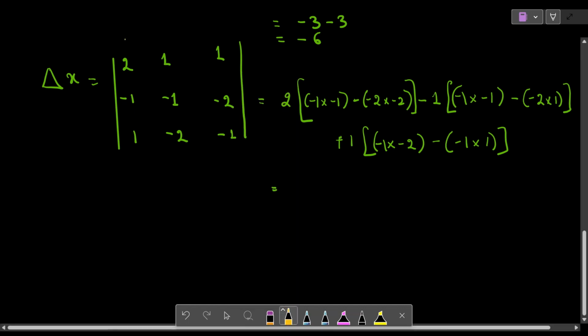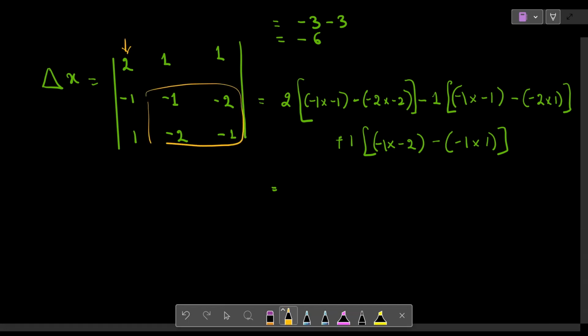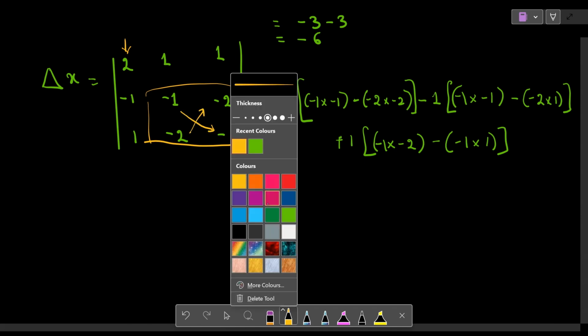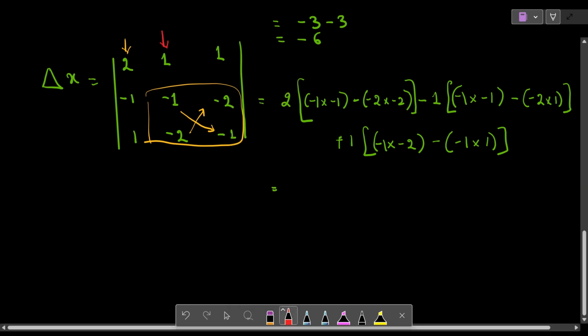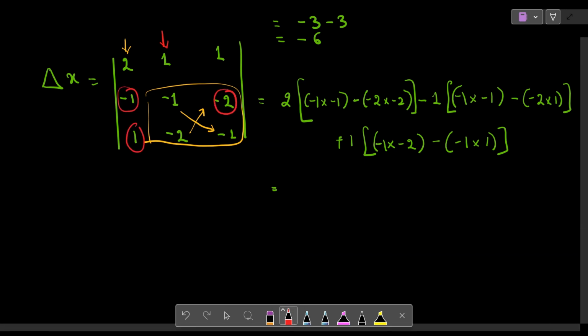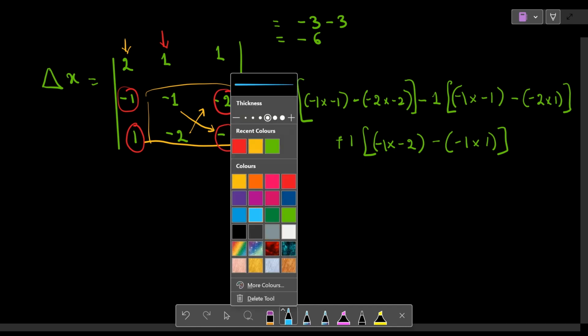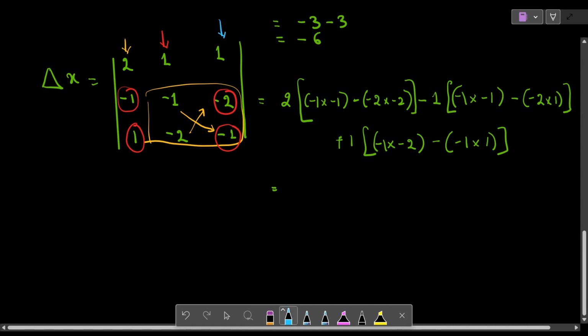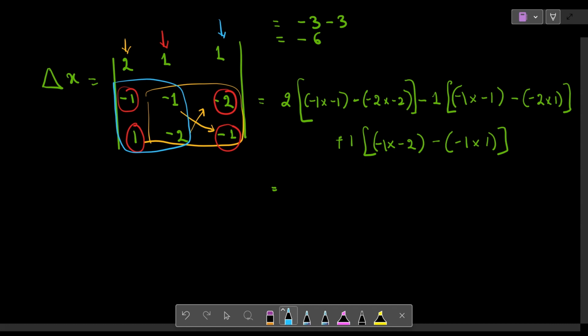Suppose we are going to take 2, we have to take these 4 and cross multiply. Next, suppose we are going to take this 1, what we have to do? We have to take these 4 and cross multiply. And next, if you want to take plus 1 here, we have to take these 4 and do cross multiplication. Did you understand, students? Very, very easy.